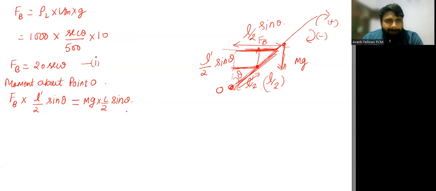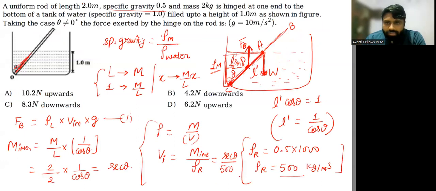Now sine theta and sine theta will cancel out. So FB you will calculate as 20 sec theta into L dash by 2. We will calculate the value of L dash by 2, where L dash is 1 by cos theta.